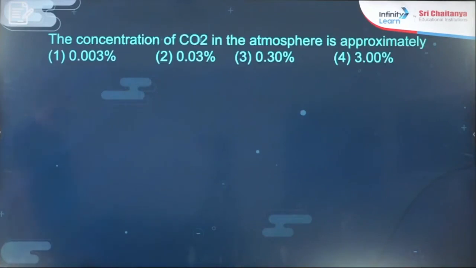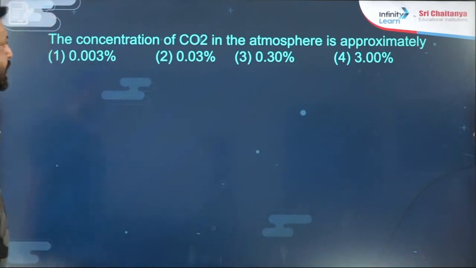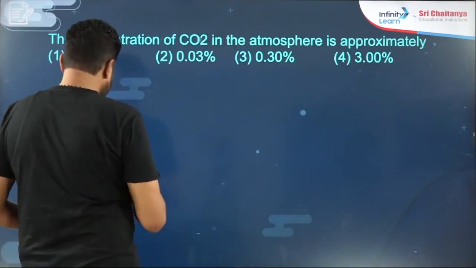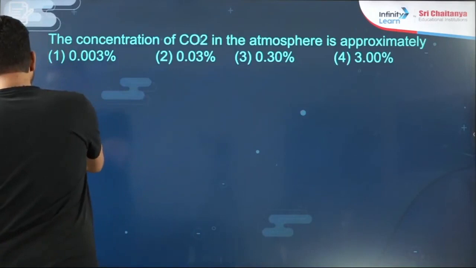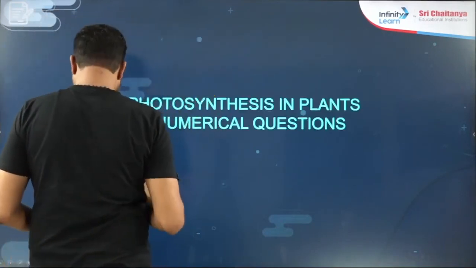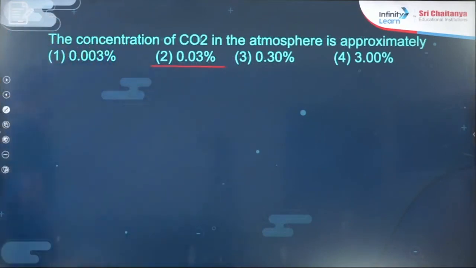The first question is a very simple question. This is a PYQ, previous year question. What is the concentration of CO2 in the atmosphere approximately? The correct answer is 0.03. The constant atmospheric CO2 concentration is 0.03.